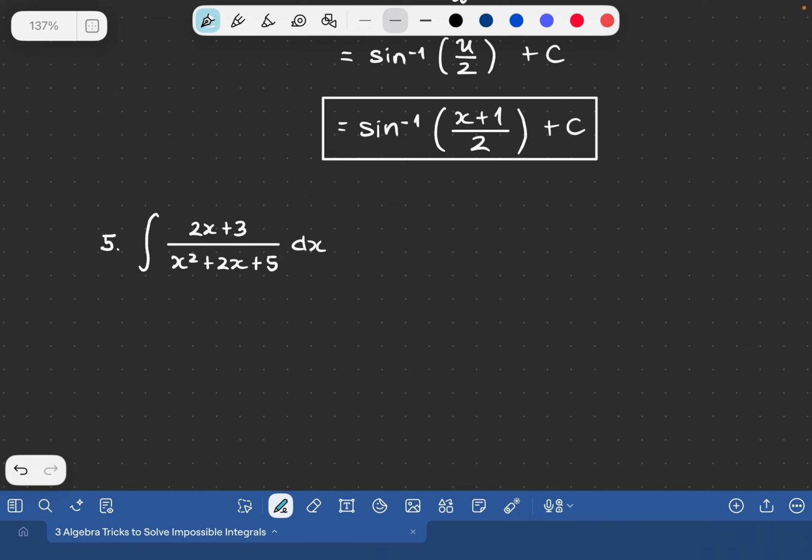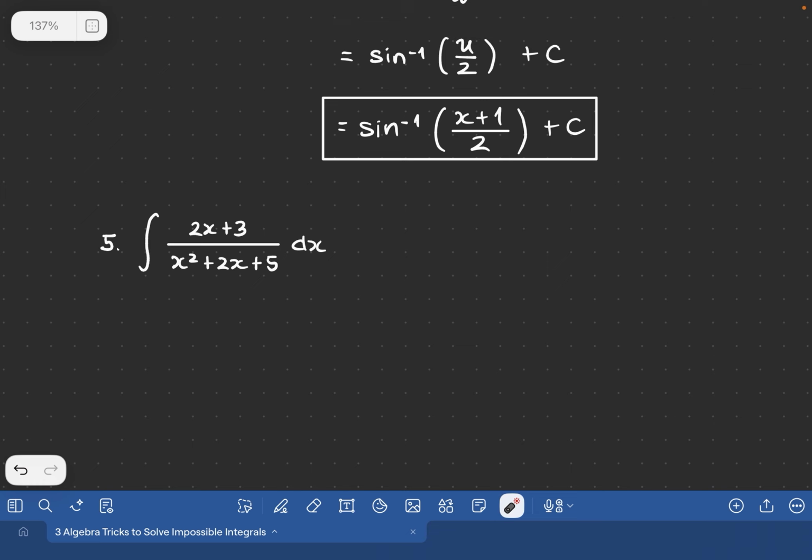There, so we have here the integral of this rational expression 2x plus 3 all over x squared plus 2x plus 5. This item is a combination of everything that we have. So observe that the degree of the denominator is higher than the numerator. Earlier, what we did here is we split.